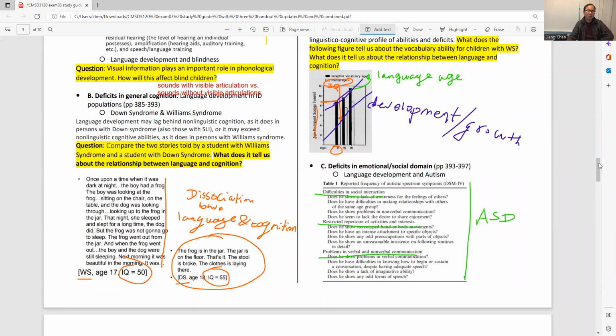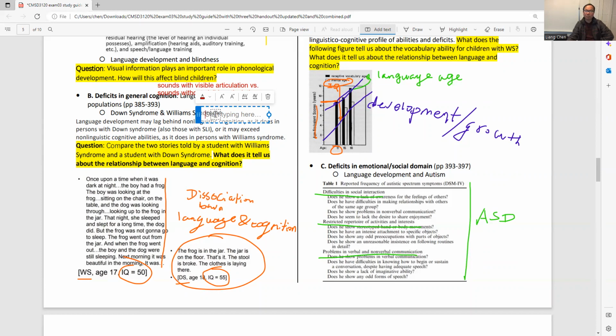Let's get to Down syndrome and Williams syndrome. These two groups are actually in the book, I think on page 407 or so. Compare these two groups, Down syndrome and Williams syndrome. They both have intellectual disability.